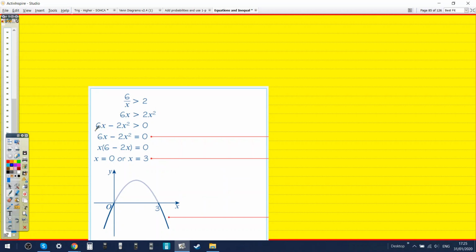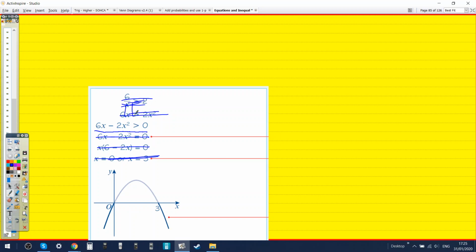Let's do this. But surely here it says that 0 is smaller than 6x minus 2x squared. Say that again, sorry? It says that 0 is less than 6x minus 2x squared.